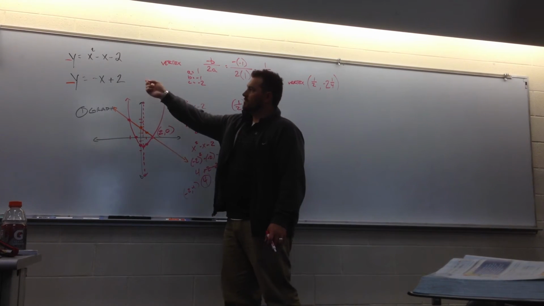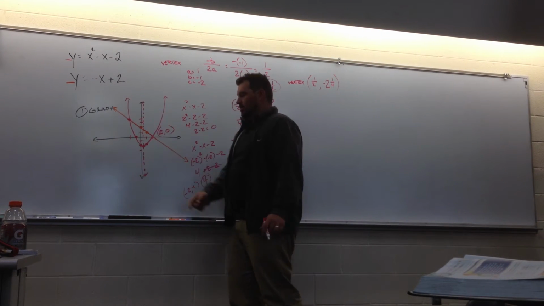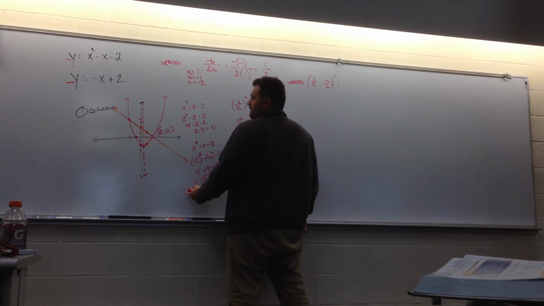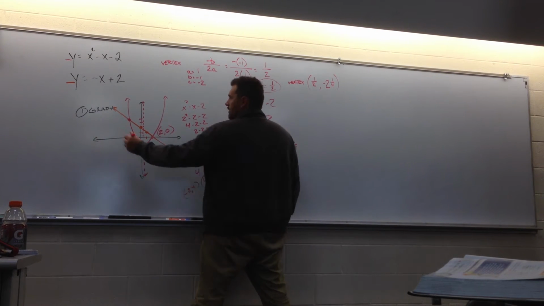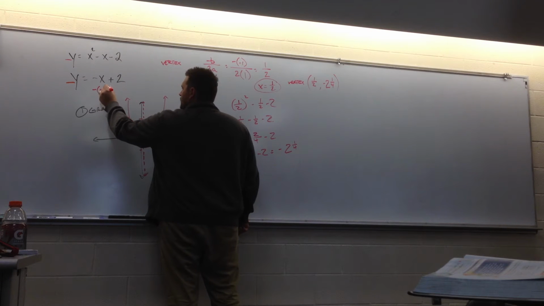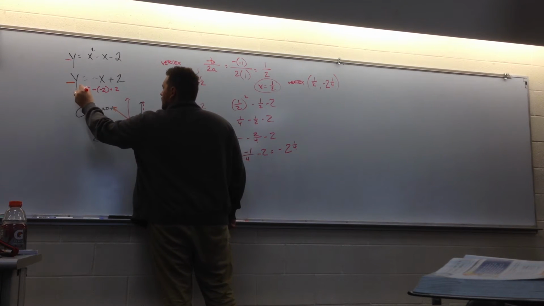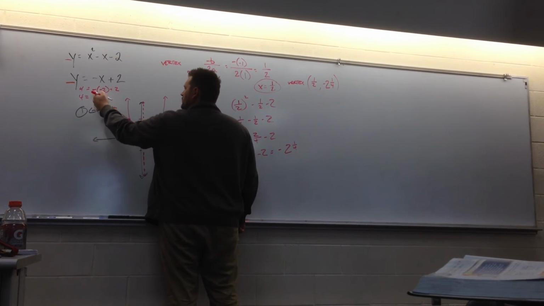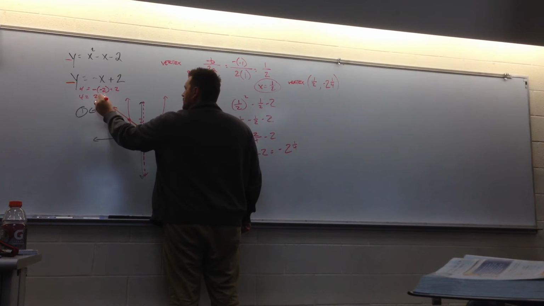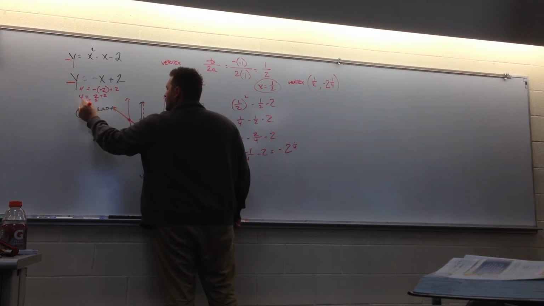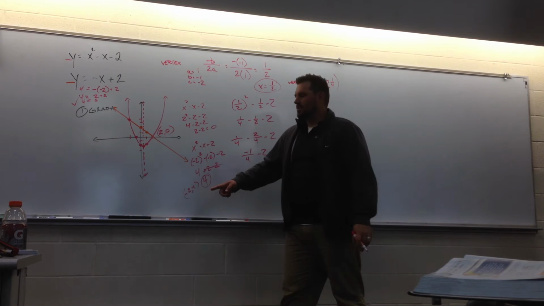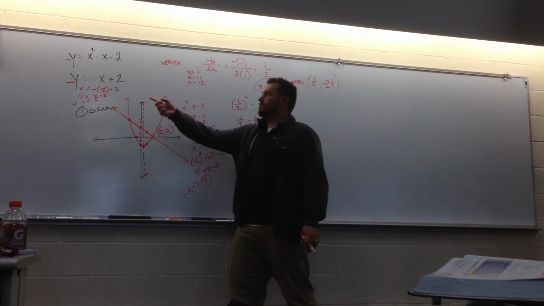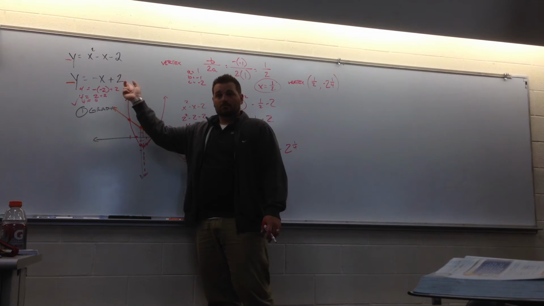Then I have to check to make sure that the line goes through it. So I want to plug in negative 2 for x and 4 for y. So I'll say negative, negative 2 plus 2 equals 4. 4 equals, this is a positive, 2 plus 2, 4 equals 4. So it checks, so this point does go through both of these things. Okay?